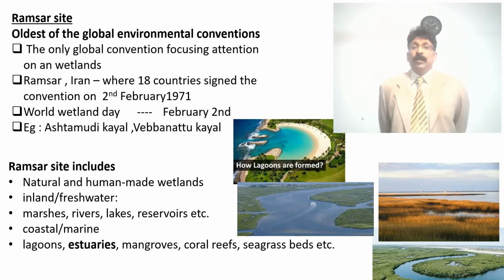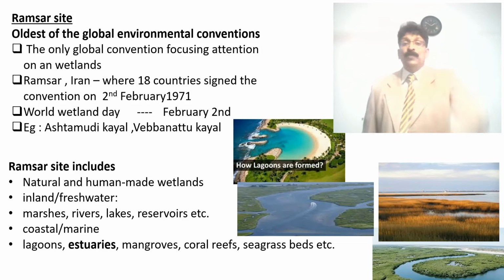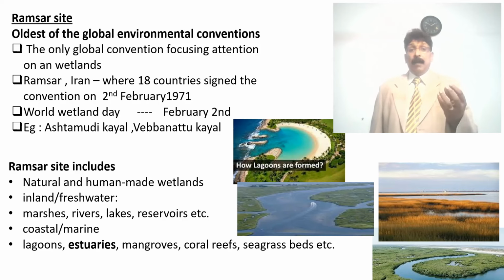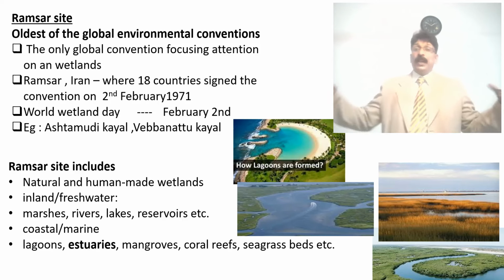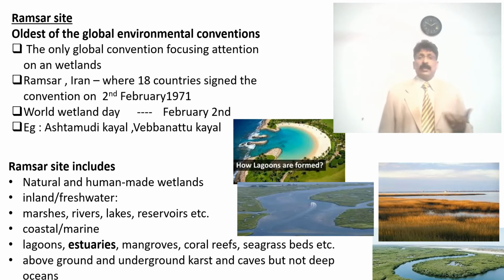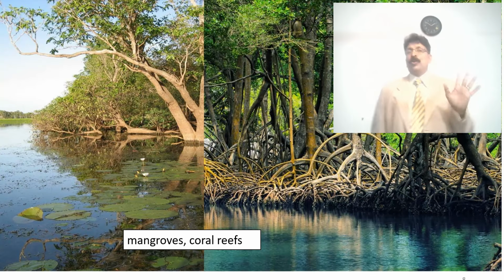The backwater makes lagoons, which I have shown in the picture, estuaries, mangroves, which I have shown in the next slide, coral reefs and seagrass beds, etc. All this comes under Ramsar, above ground and underground karst and caves, but not deep oceans.